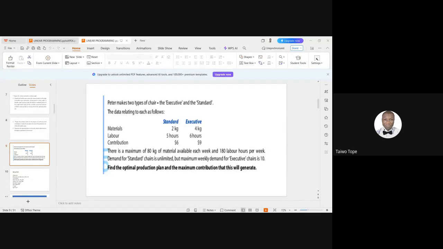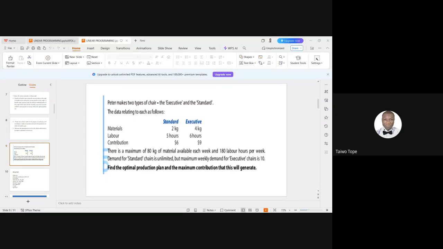And if the question wants you to go further, you convert the inequality into equation. And once you convert the inequality into equation, you determine the unknown variables, which can be represented on a graph. Those unknown variables represented on the graph, you can be asked to determine the feasible region on the graph.